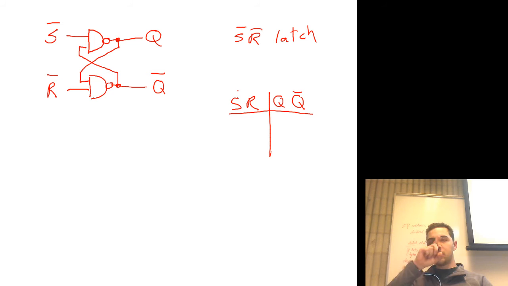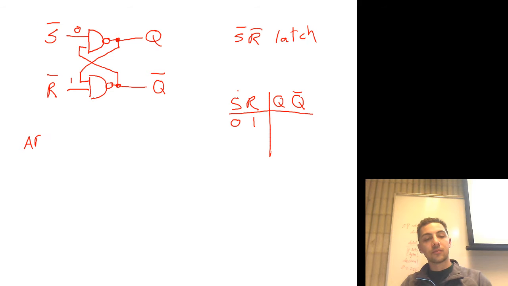Let's start by putting us in a known state. I'm going to put a 0, 1 in here, and let's see what happens. 0, 1, and I need my NAND gate table. All right, a NAND is not AND. 1, 1, 1, 0.